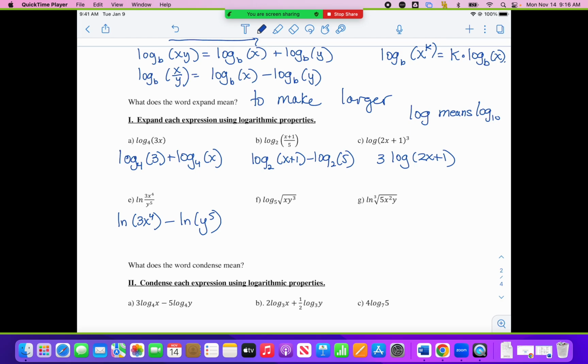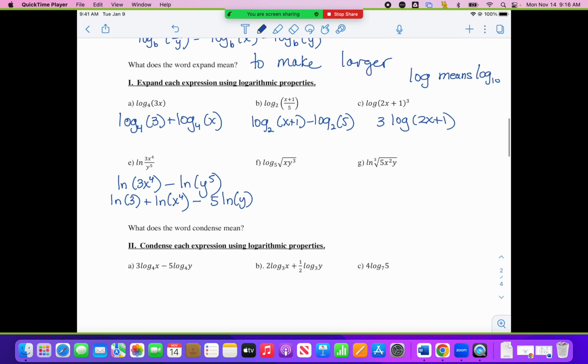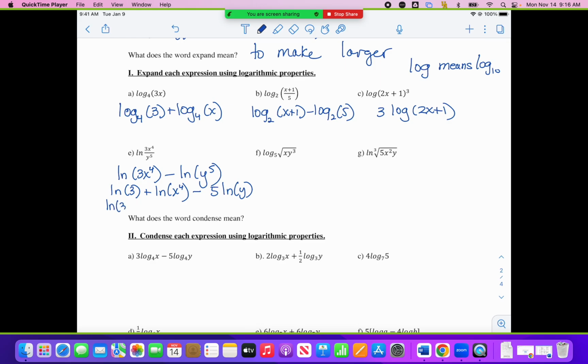E. All right, now I have the natural log of 3 plus the natural log of x to the 4th because I have the natural log of a product minus, and then do you see I can bring my power down? And then I have one more, the natural log of 3 plus 4 natural log of x minus 5 natural log y. All right, so we've just ramped it up quite a bit.